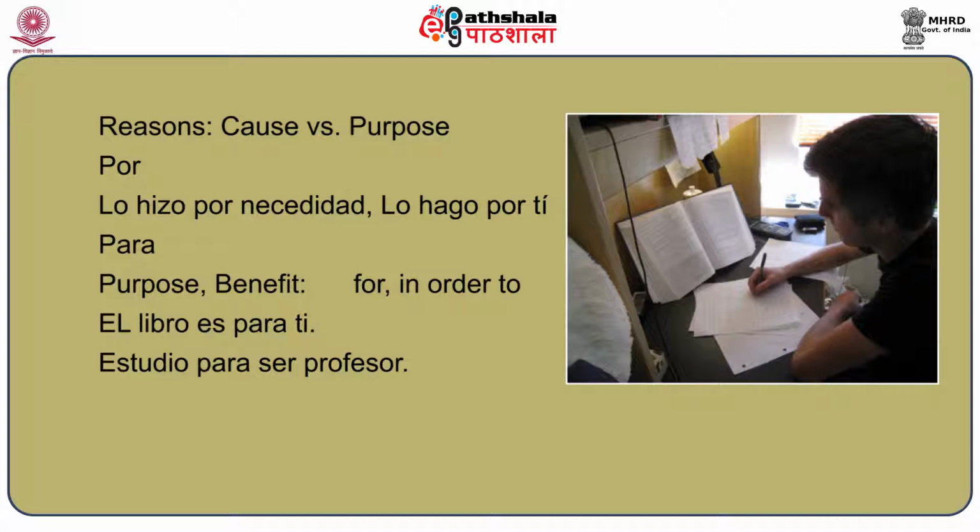Lo hago por ti. Para is used in the sense of purpose or benefit, for, in order to. El libro es para ti. Estudio para ser profesor.